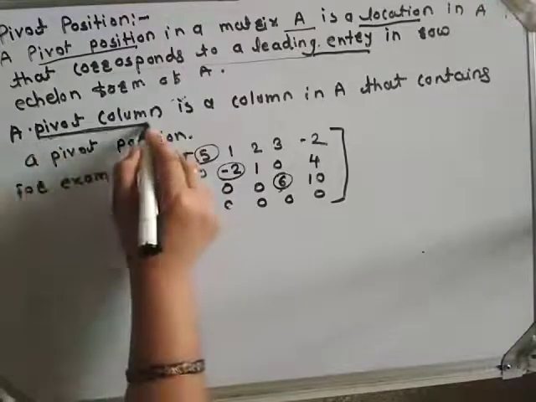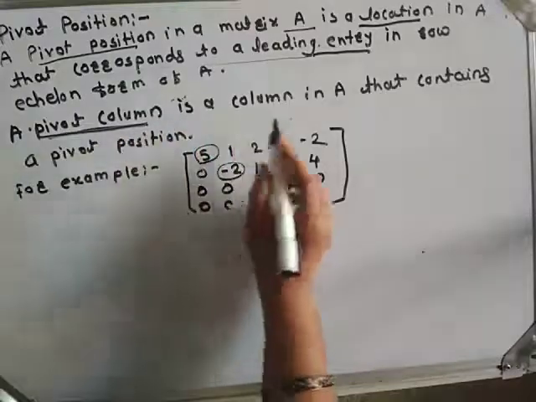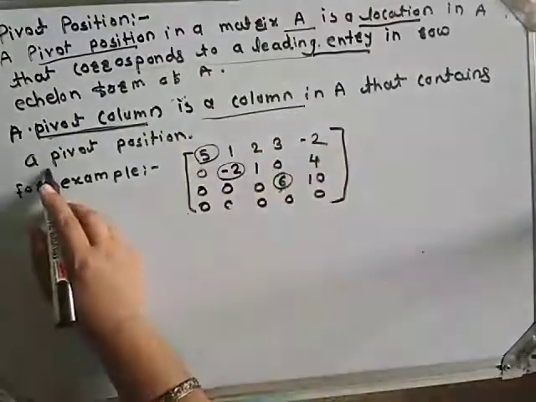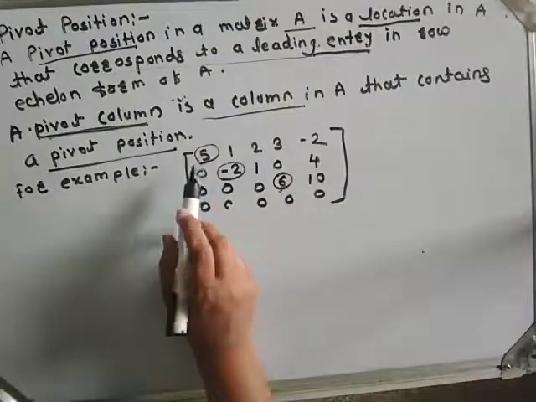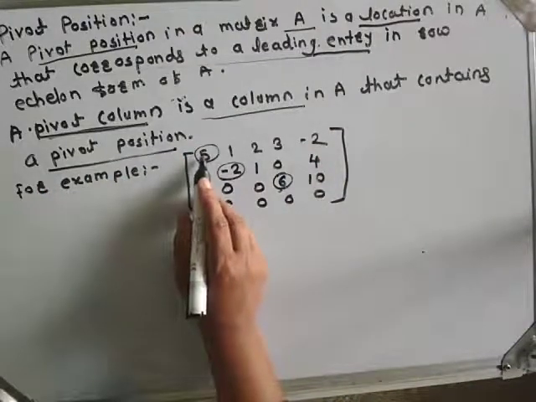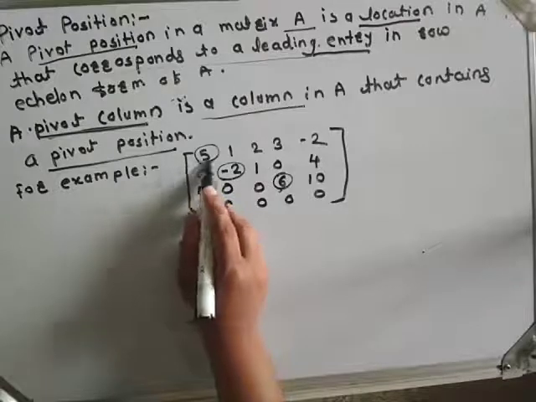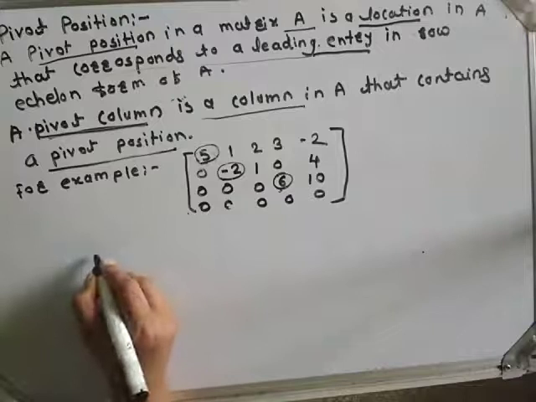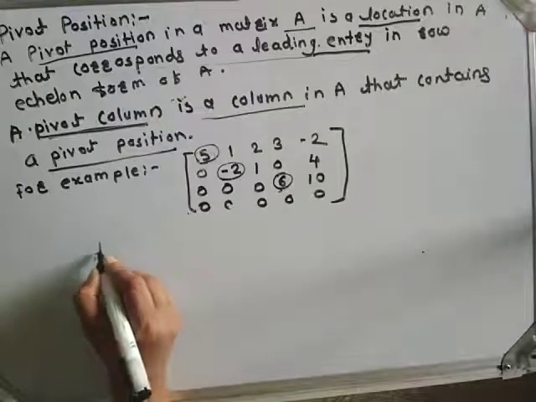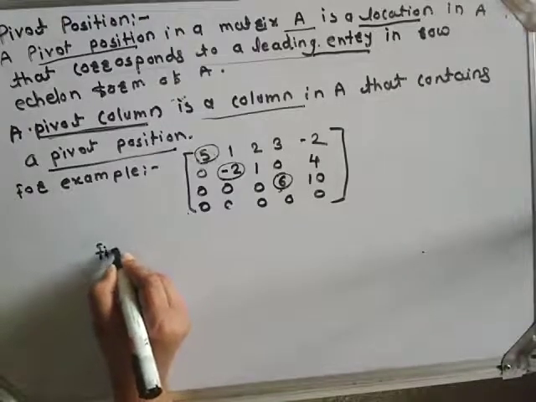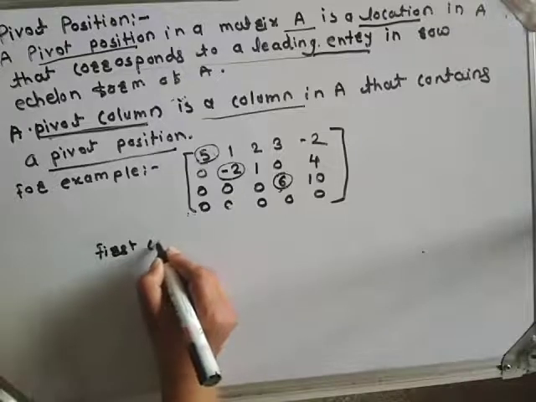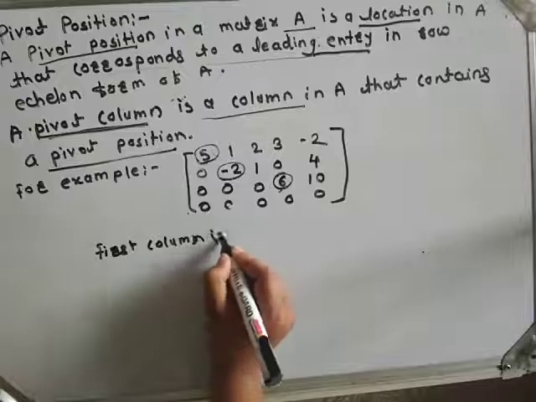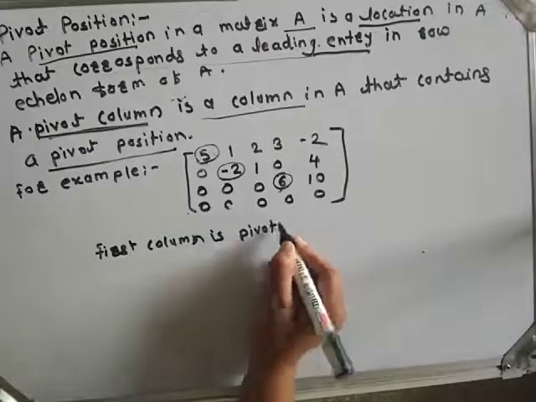And next definition is pivot column. Pivot column means it is a column in A that contains pivot position. In first column 5 is pivot position, therefore first column is pivot column.